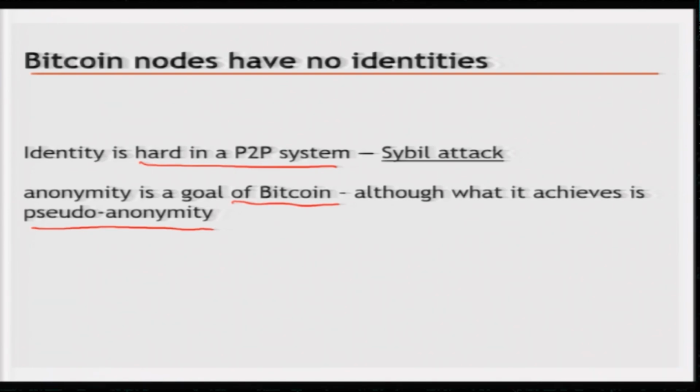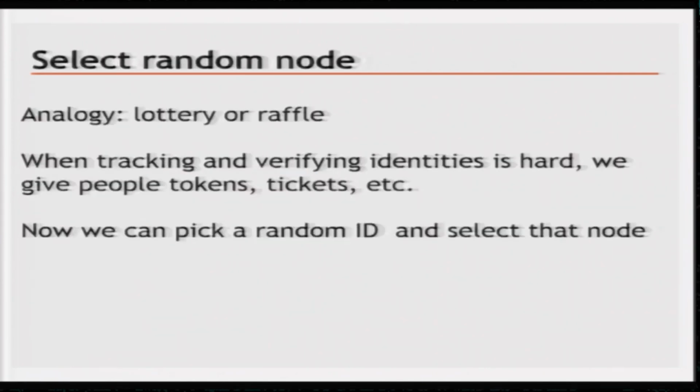Now, we saw that this goal also has some downsides, which is the use of Bitcoin addresses as ransomware addresses, and the use of Bitcoin in the drug trade and other dark web activities. That is a different issue here, but anonymity is the reason why identity is not there, which makes the consensus even more challenging.